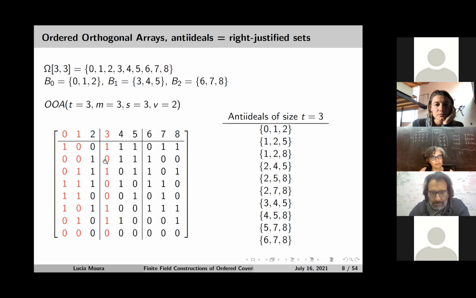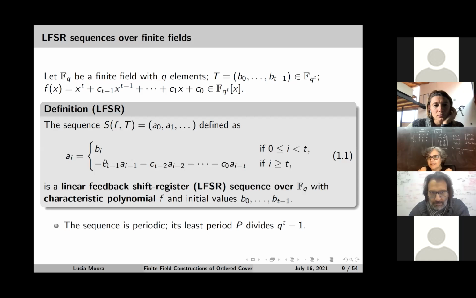Now I'm going to show our construction for an OOA that uses finite fields and LFSR sequences over finite fields. So I have a finite field of order q, and then a polynomial of degree t. This t is going to have to do with the strength of my array later.